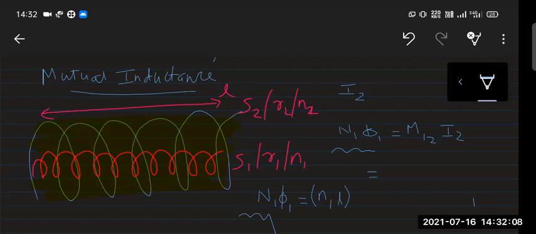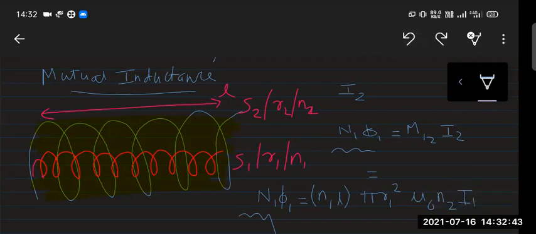Flux is B into A. What is your effective area? That is pi R1 square. And what is the magnetic field? That is mu 0 into N2 into I2, because the magnetic field is because of the second coil.